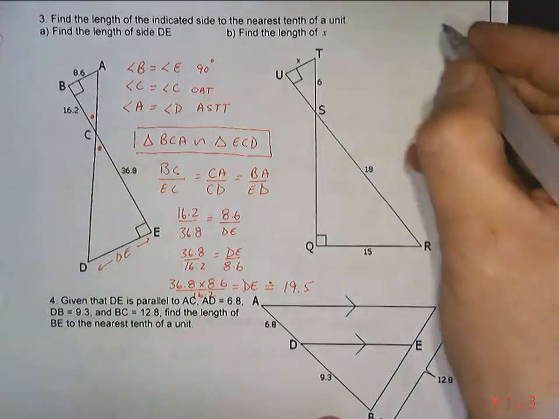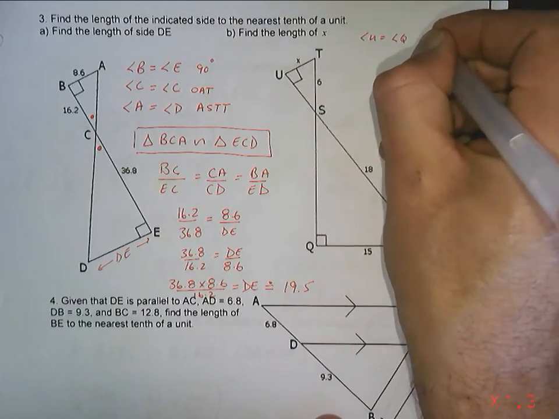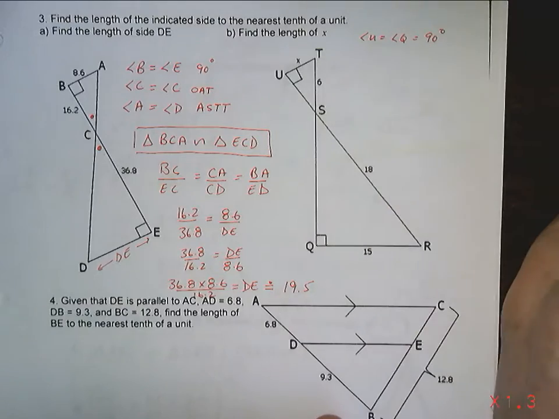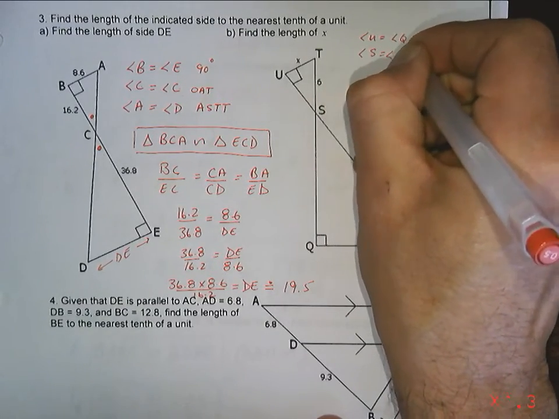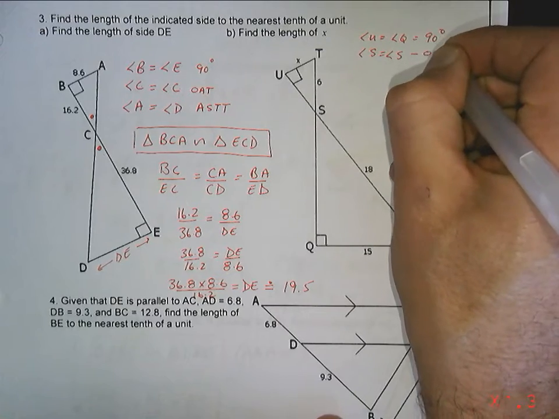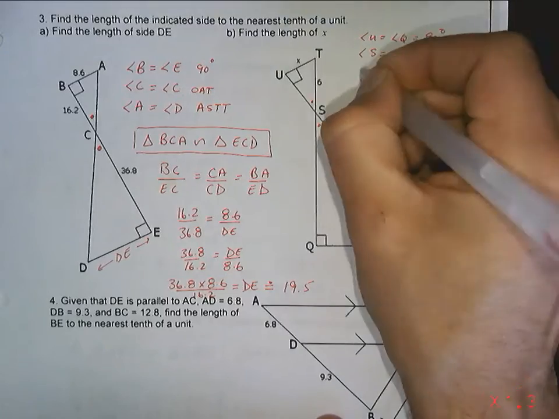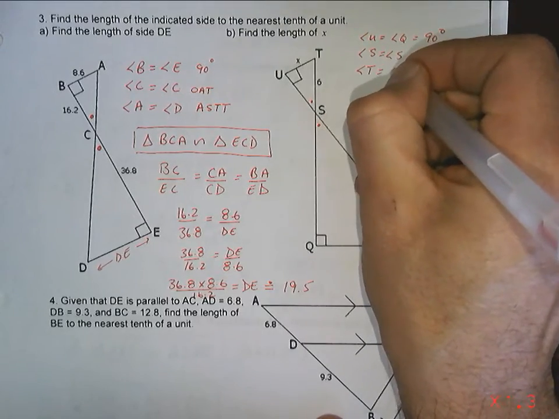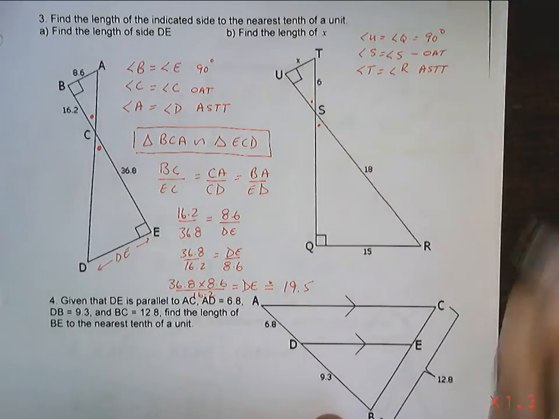This question is no different. You'll notice that angle U equals angle Q because it's 90 degrees. You'll notice that angle S equals angle S because it's OAT. And you'll notice that that means that angle T must equal angle R by the angle sum of a triangle theorem.